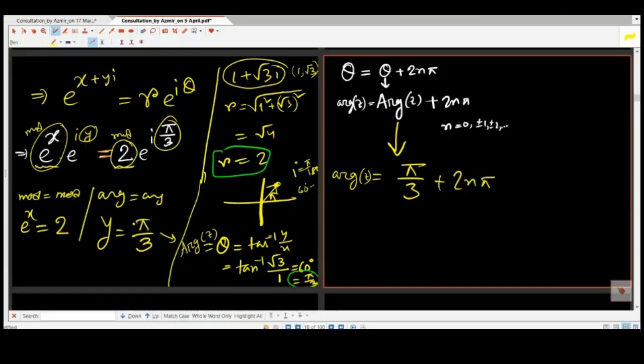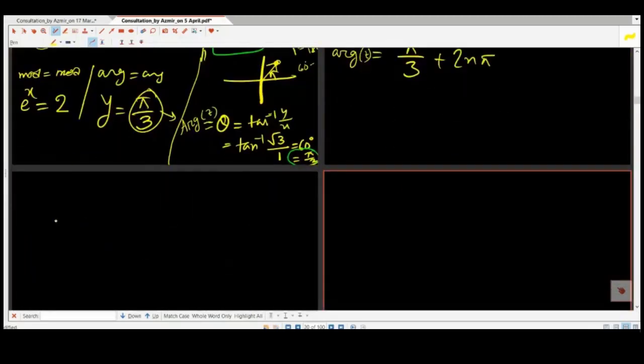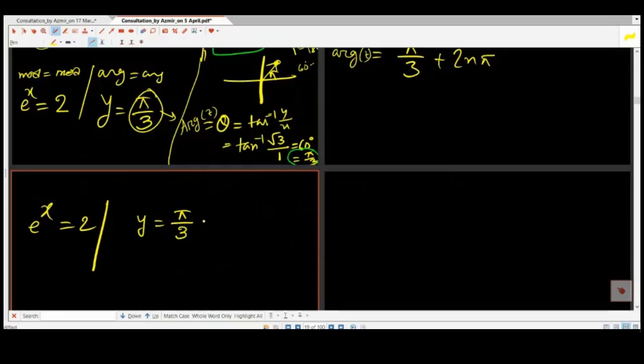So that means we can say theta equals theta plus 2n pi. Where we have theta, we can input theta plus 2n pi. So we have e to the x equals 2 and y equals pi over 3. Besides this, we are adding 2n pi.